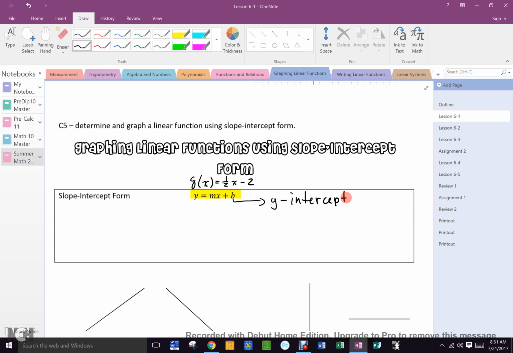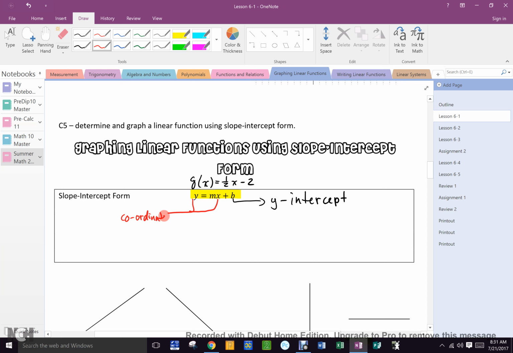What else do you see in here? You see an x and a y, don't you? X and y are coordinates, aren't they? So if I have a point on the graph, the point on the graph is going to be x comma y, isn't it? Everyone agree?